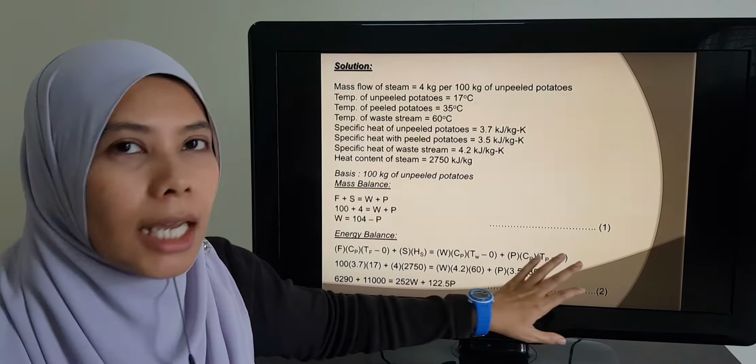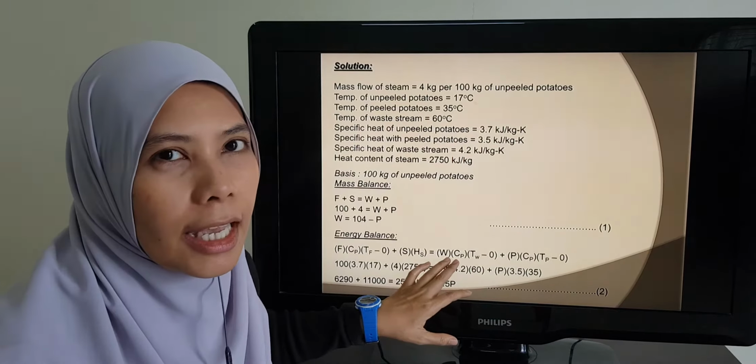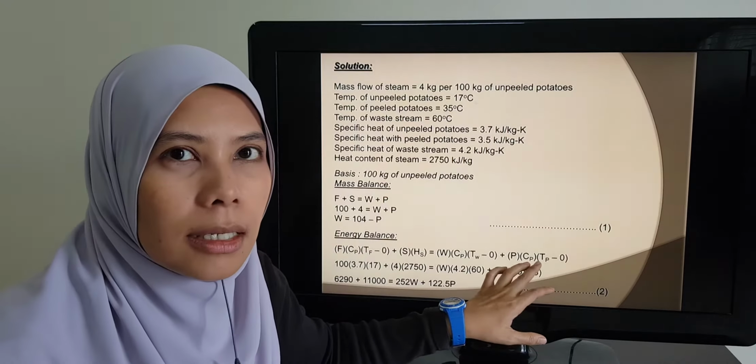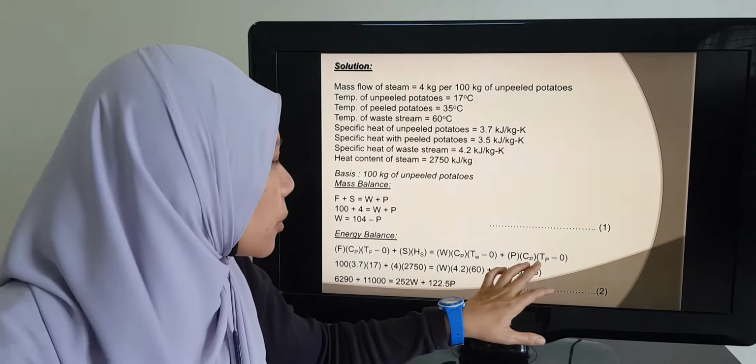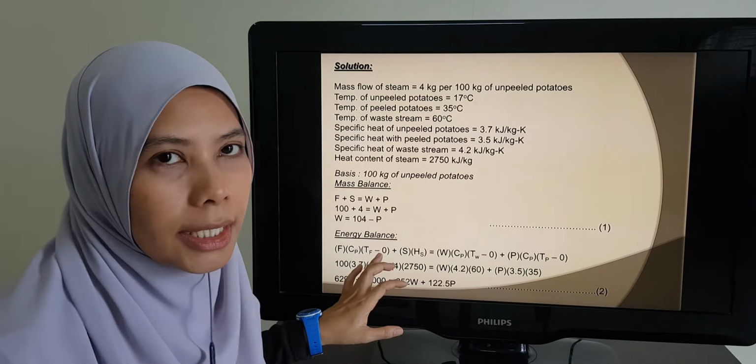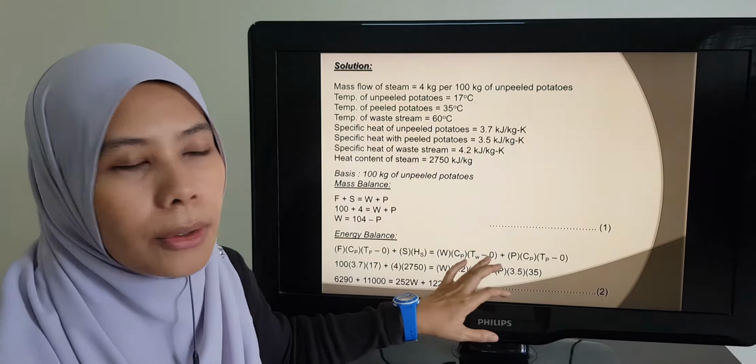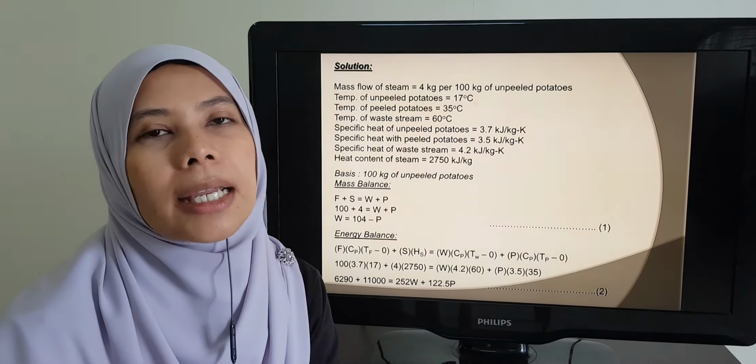Equals the outlet: this one is for the waste stream, and this one is the peeled potatoes. If you look here, we subtract 0 for the temperature difference.